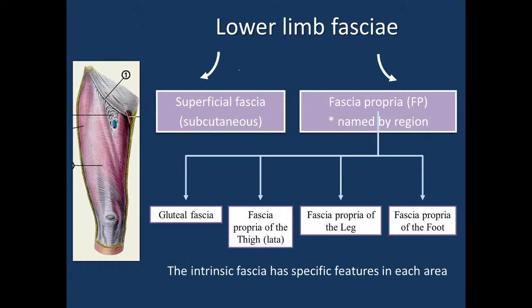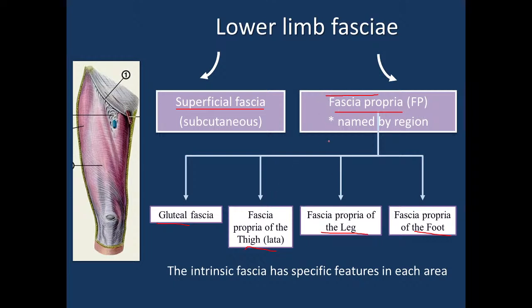Lower limb fascia. Here we see two fascias, superficial under the skin, and propria or intrinsic fascia of the lower limb. Each region, gluteal region, thigh, leg and foot, has different but similar in development, in origin, fascia.